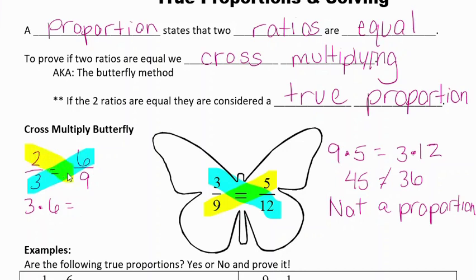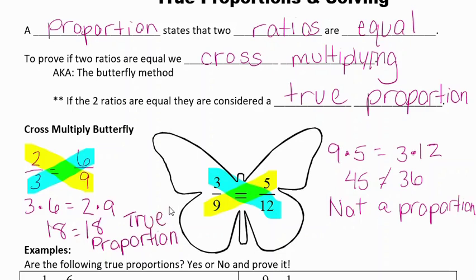So 2 times 9, I have 2 times 9 here. So 3 times 6, if I solve this, is 18. It should be equal to 2 times 9, and 2 times 9 is 18. Because these are both equal to each other, these are considered a true proportion, which means they are proportional. So this is a true proportion because the left wing is equivalent to the right wing.